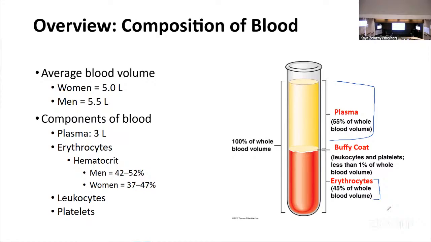It's about 45% of our blood volume. And then a tiny bit of that blood is going to be made up of super important things, just don't take up too much space. So our white blood cells are those leukocytes, and the platelets are these fragments of cells that are going to kickstart our clotting process when we experience an injury.